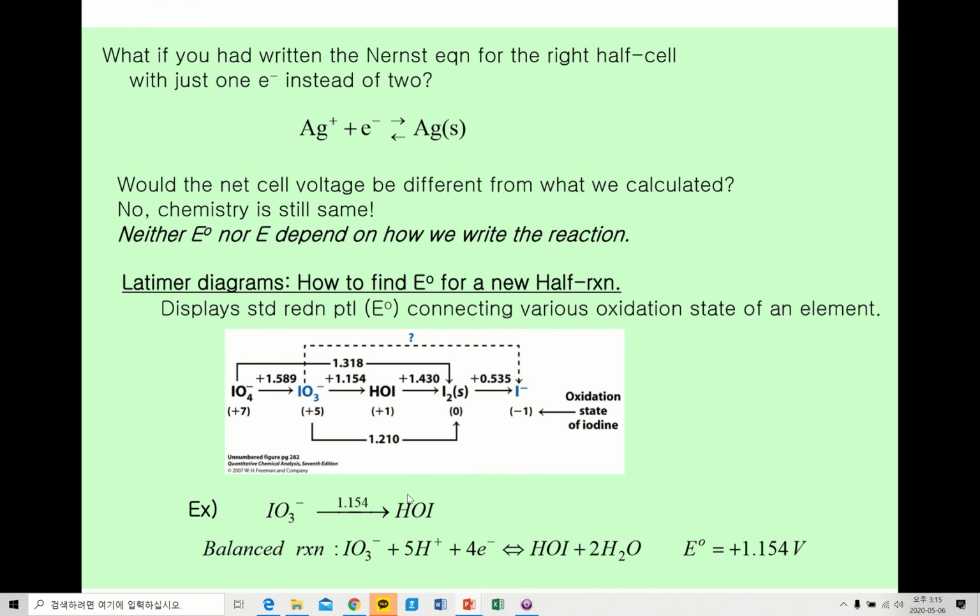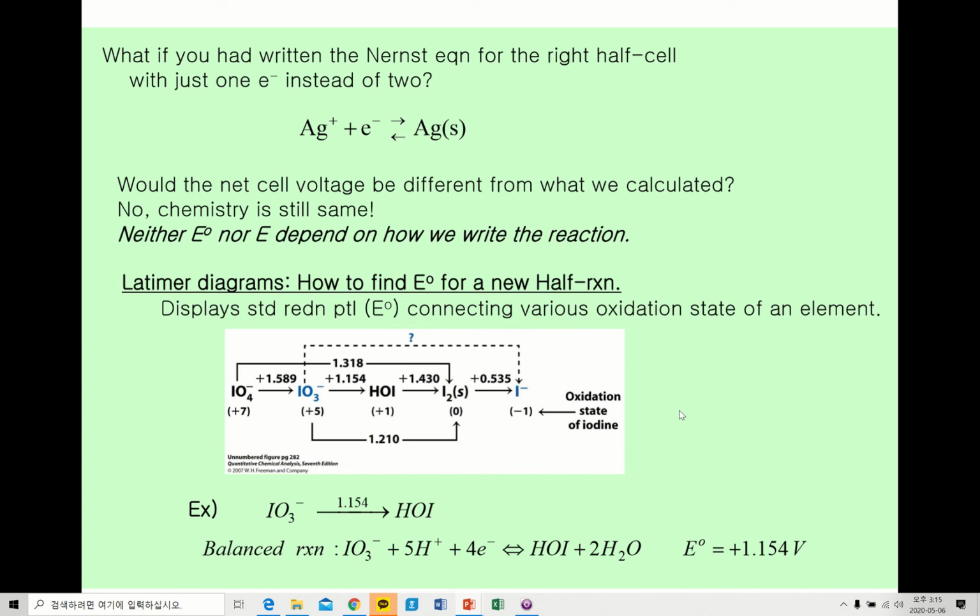Why? This one is unknown, but iodate to iodine, this potential is known, and iodine to iodide is also known. So by combining these two, we can calculate the potential from iodate to iodide.